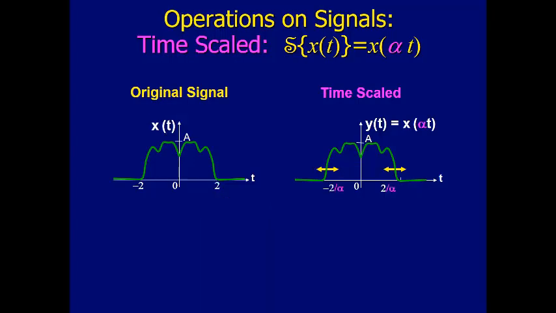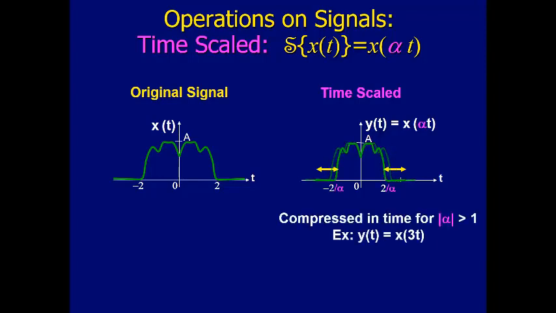So as shown here, if alpha is a positive value greater than 1, x of alpha t is going to be a time-compressed version of x of t. It's going to be compressed inward. Notice it's compressed from both directions, from the positive t and the negative t directions in towards the origin at t equals 0. Both endpoints will move in proportionally, and what used to be at -2 and +2 is now at -2 over alpha to +2 over alpha.